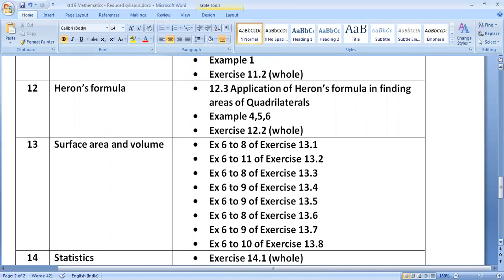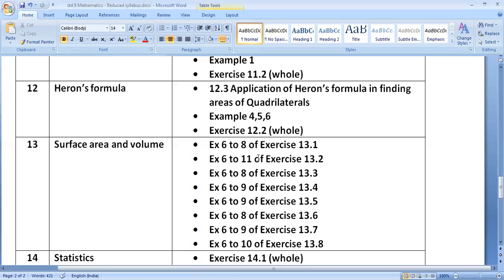That also you have to prepare for solving the sums. Exercise 13.1, questions 1, 2, 3, 4 and 5 are included on page number 213. While on the same page number 213, in exercise 13.1, 6, 7 and 8, that is 6 to 8, all the sums are excluded. So in this 13.1, you have to prepare 1 to 5; 6, 7 and 8 are excluded.